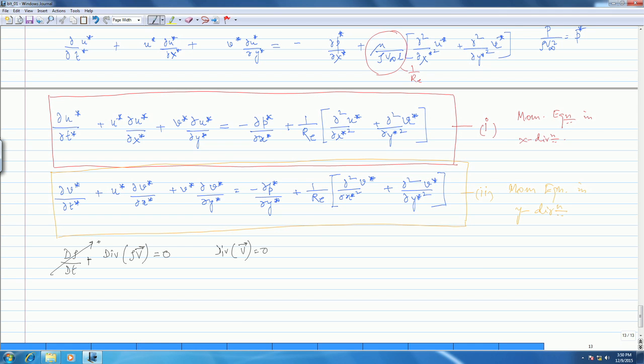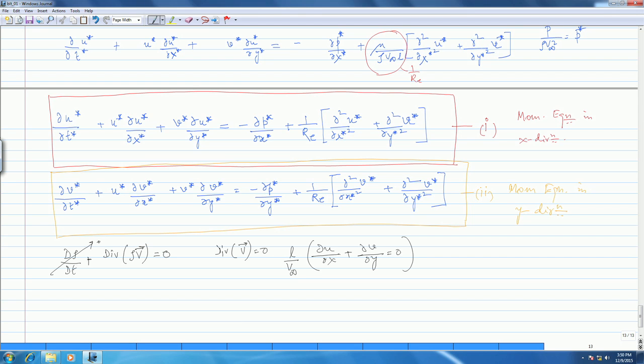Which in 2D essentially means del u del x plus del v del y is 0. If I again normalize this, how will I normalize it? I will multiply this entire equation by L by v infinity.